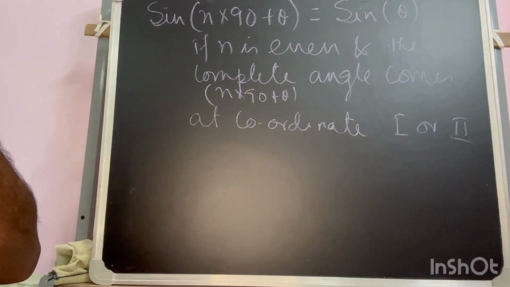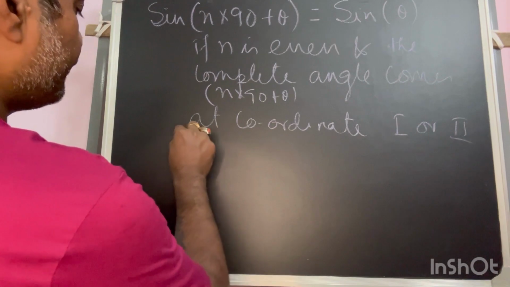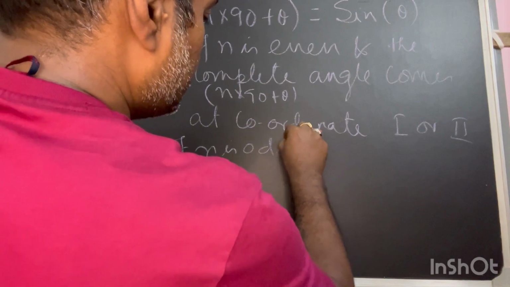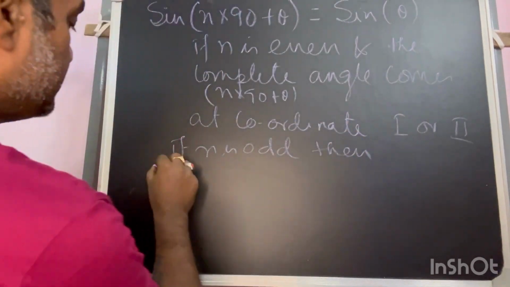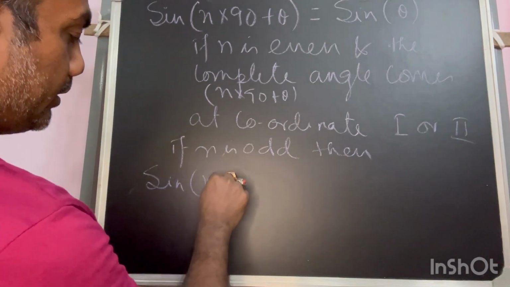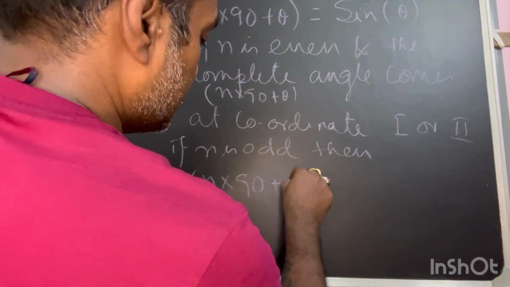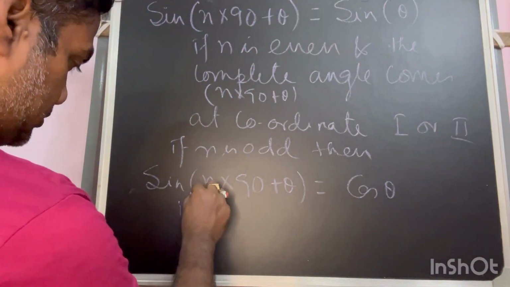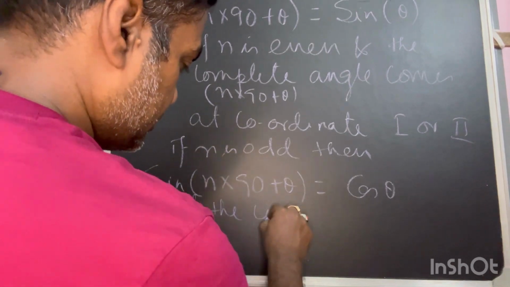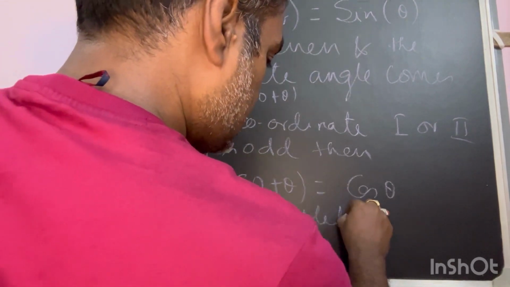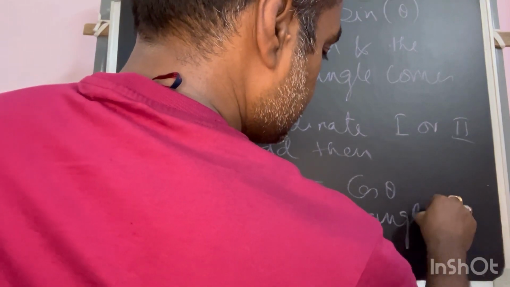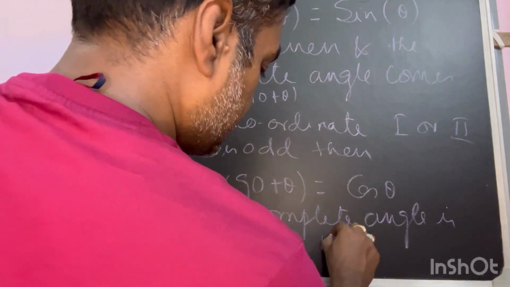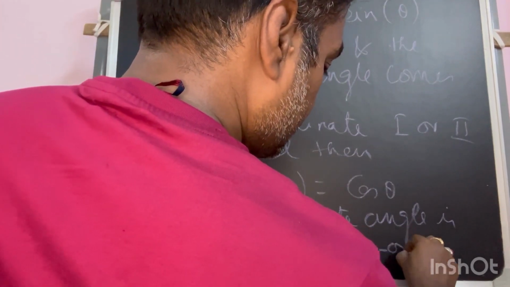Okay, if n is odd, then sine of n into 90 plus theta is equal to cos theta if the complete angle is in first or second coordinate.